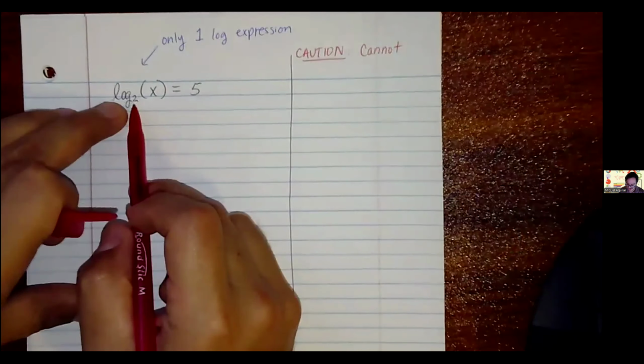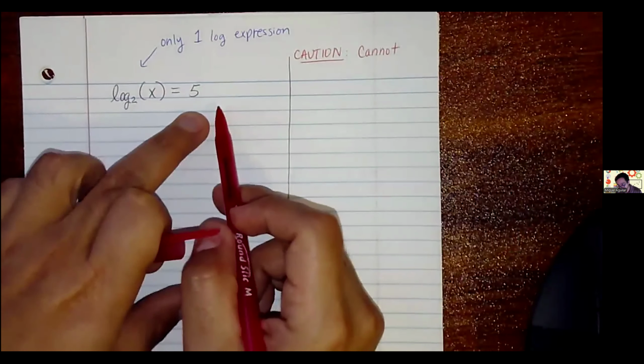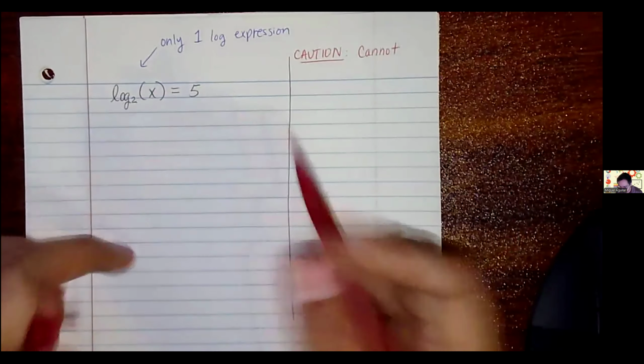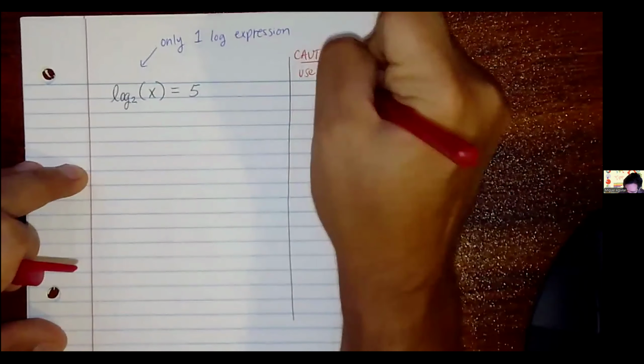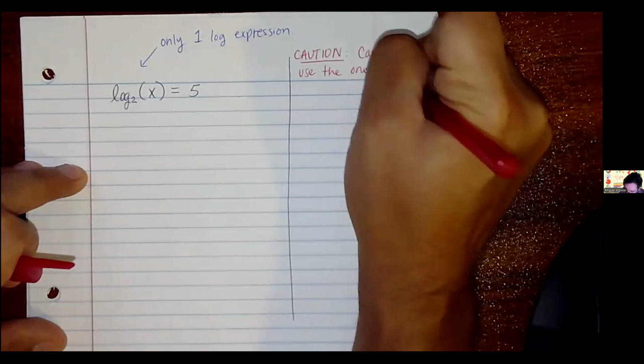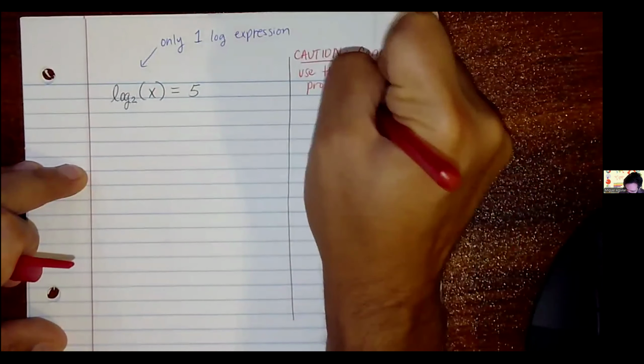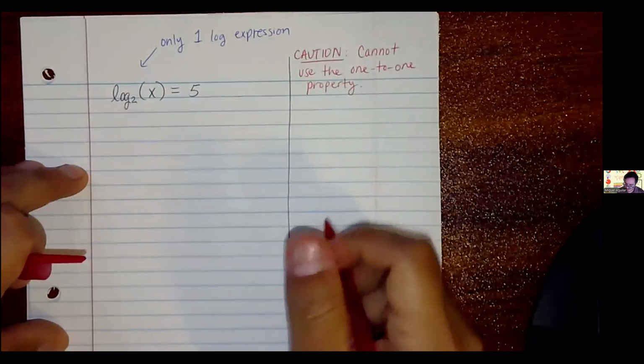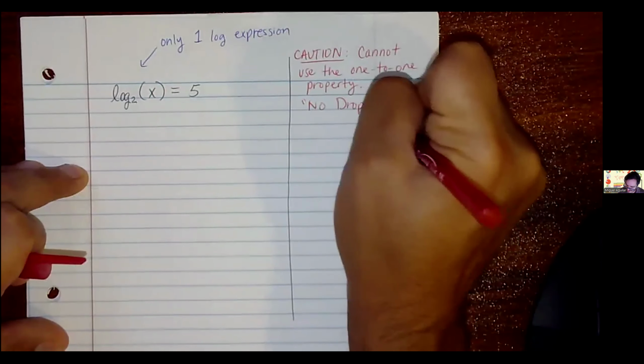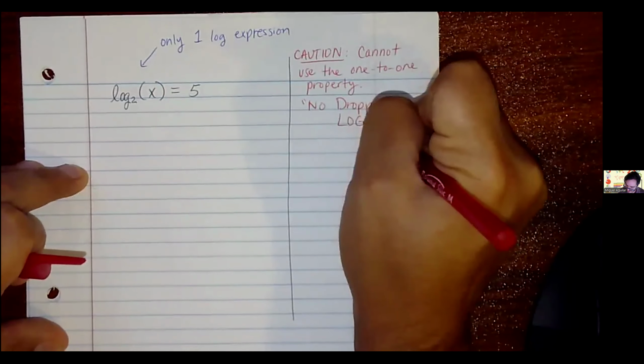But we only have one logarithm. We don't have another logarithm. Does that make sense? So no dropping logs.